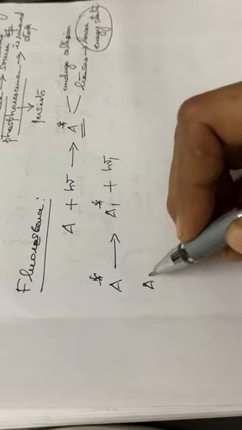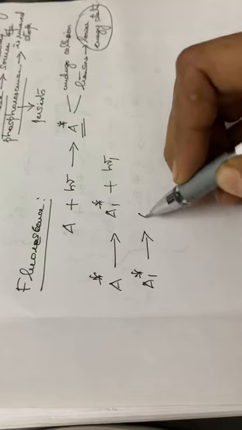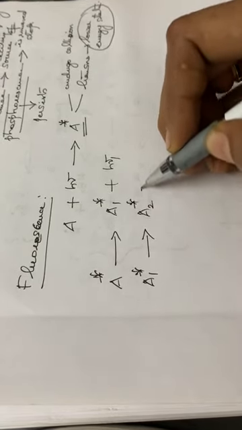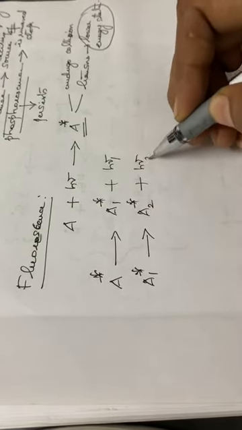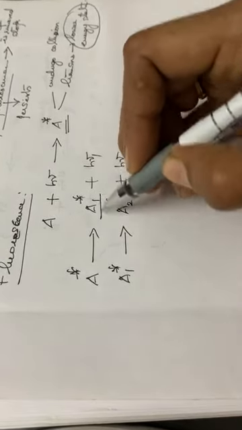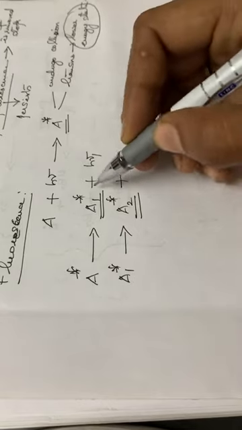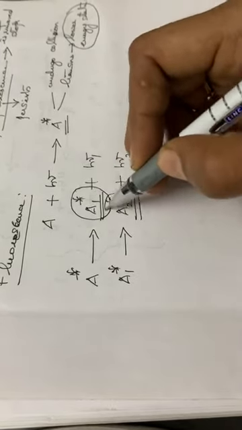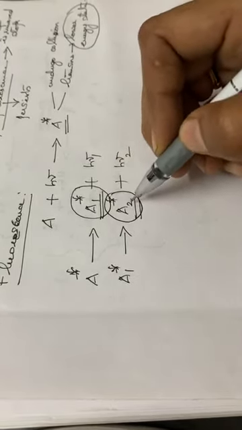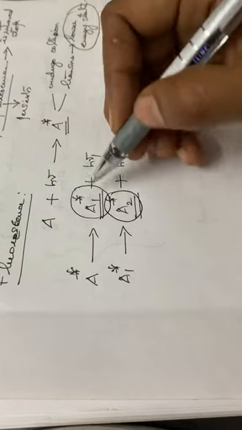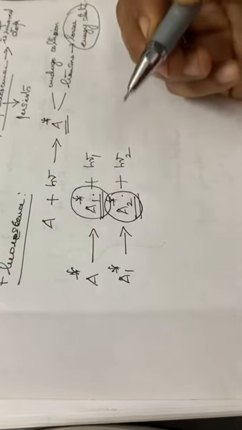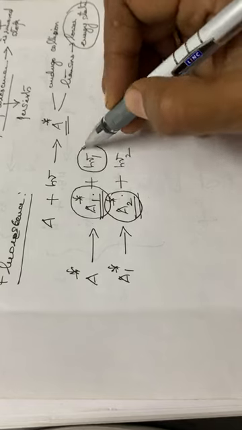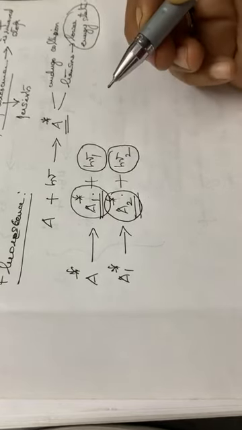Again this A1 star emits radiation, going to the next lower energy state, giving h nu 2. So from A star it moves to A1 star, then to A2 star, by emitting different amounts of radiation.